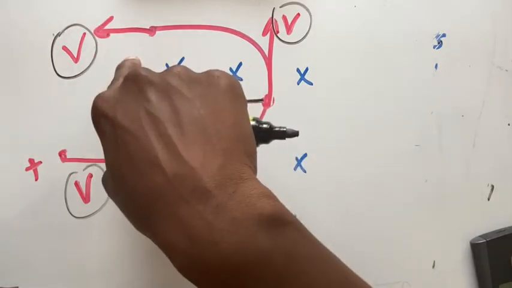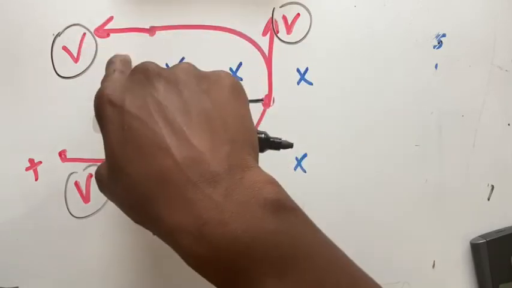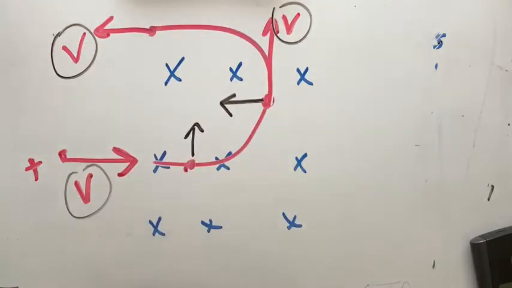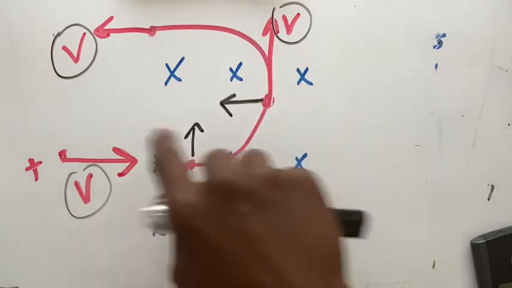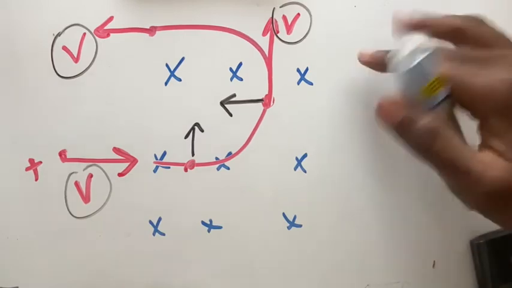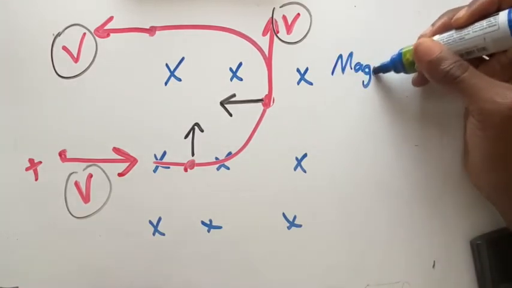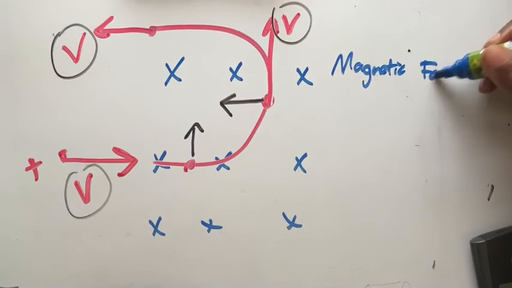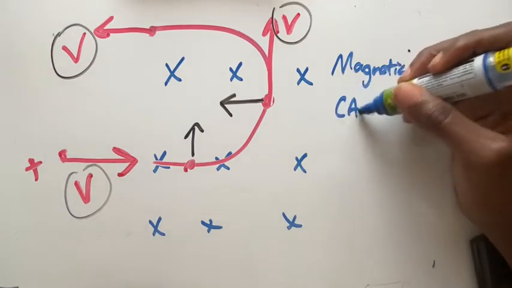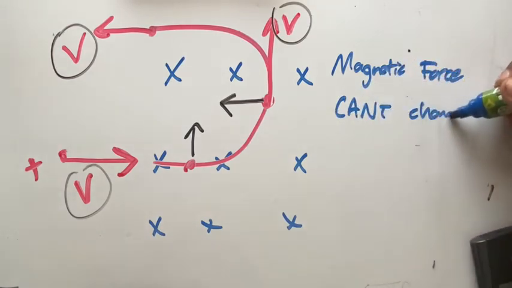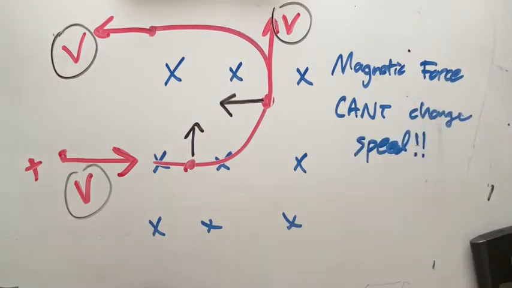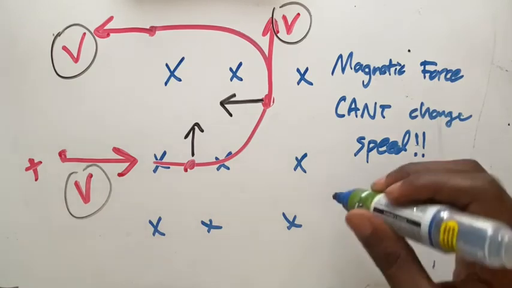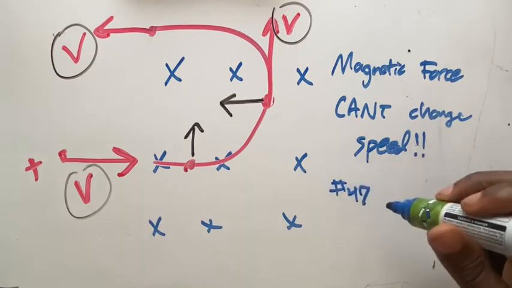And this is 30 miles per hour towards the west or the left. So the magnetic field only changes the direction. It cannot change the speed. So the magnetic force can't change speed. So the answer to number 47 is going to be B.